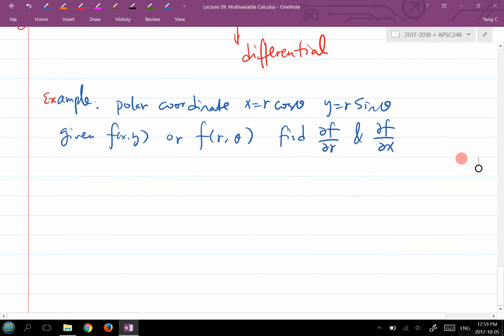For example, this is a Cartesian coordinate system, and you can use coordinates x, y to describe the location of this point, for example A here. But alternatively, you can also describe this location A using another set of parameters or variables. So you can also use r and theta to describe its location. The r and theta here are what we call the polar coordinates.